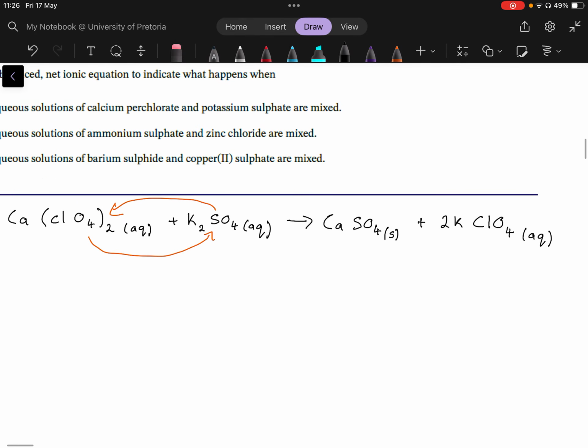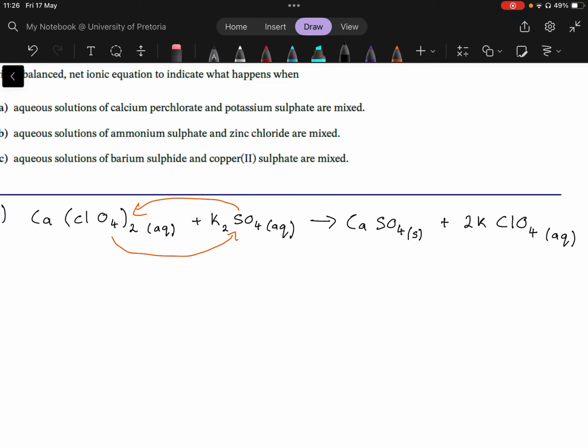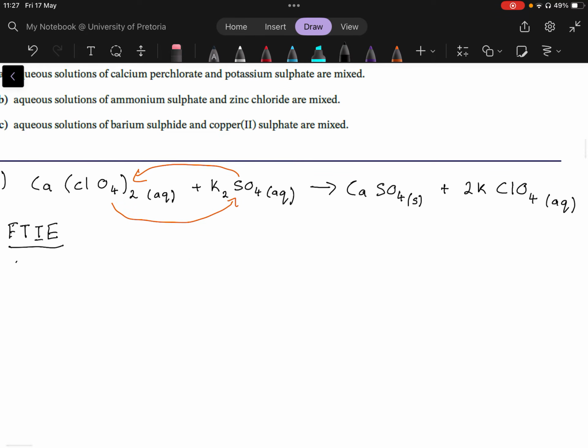So the full total ionic equation is as follows. On the left-hand side, we split it. This becomes calcium 2+, and I'm going to leave out the phases for now because it makes it a bit easier, plus 2 ClO4-, plus 2 potassium plus 1 sulfate.